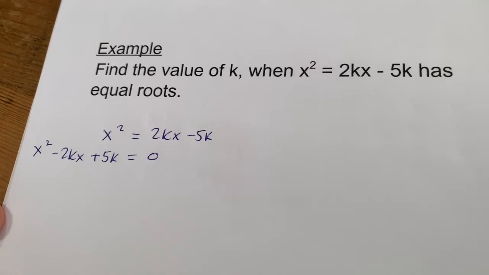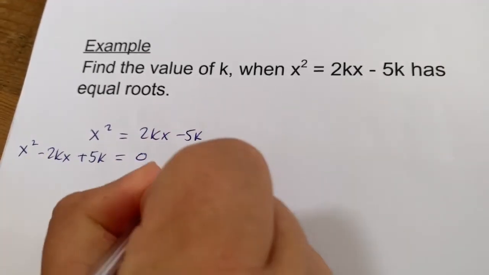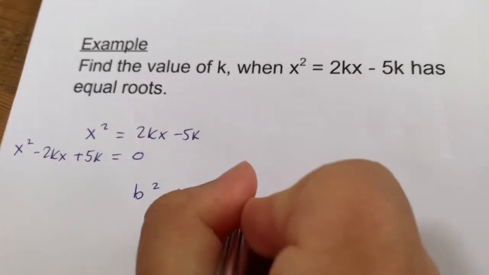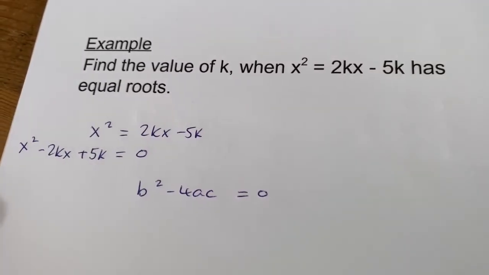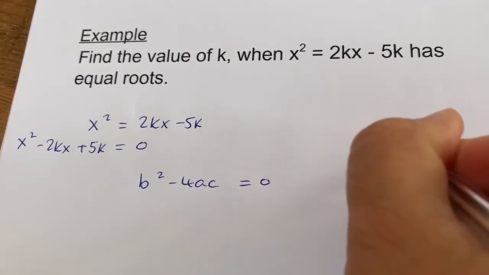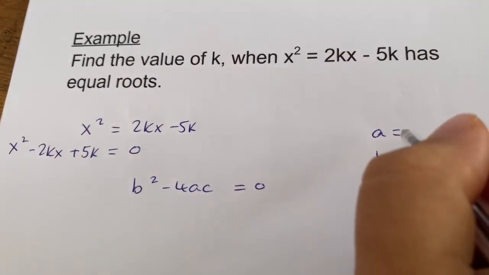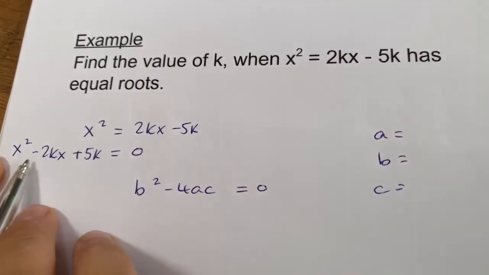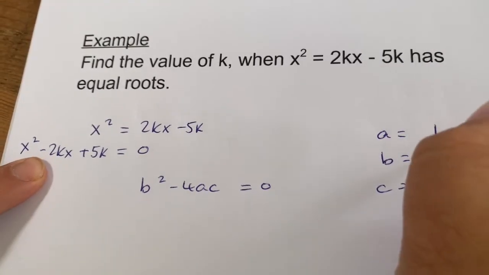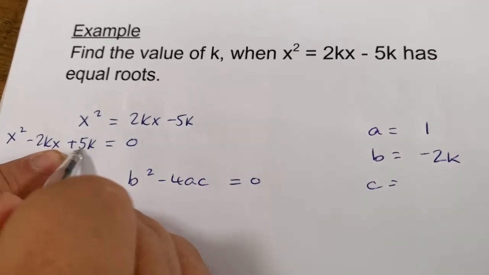And then I can go on and solve it just like I do the other way. So I'll do b squared minus 4ac, talk about my roots and they're equal, so then this equals 0, that's very important. And then you've got a equals, b equals, c equals. And a this time is still 1 for x squared, b is minus 2k, and c this time is 5k.